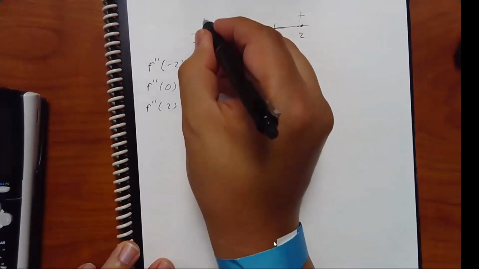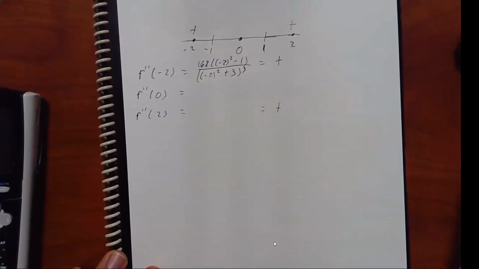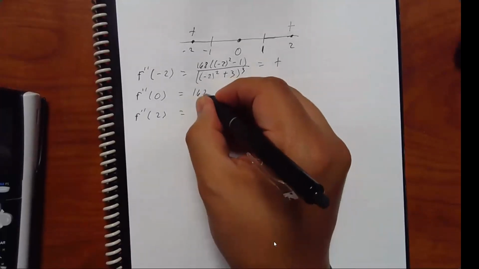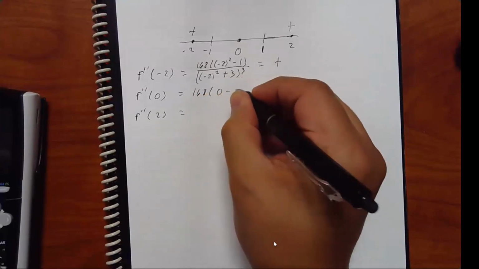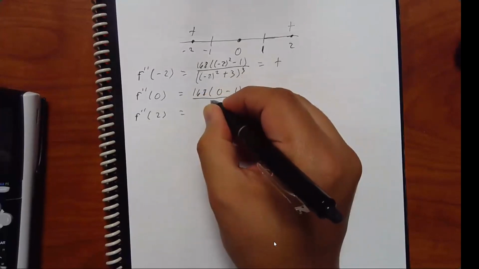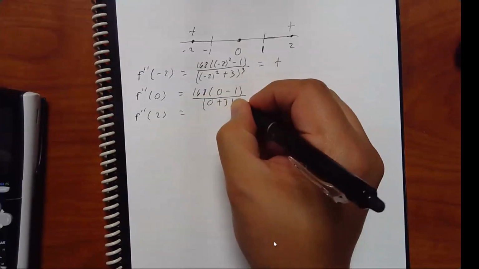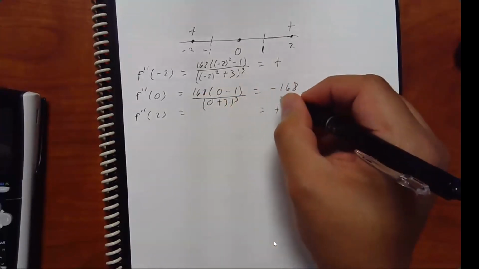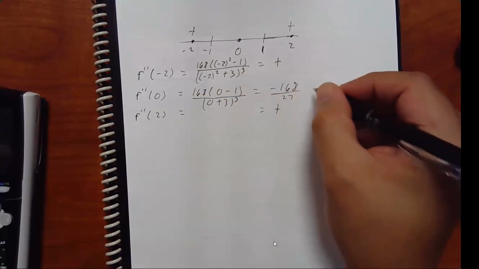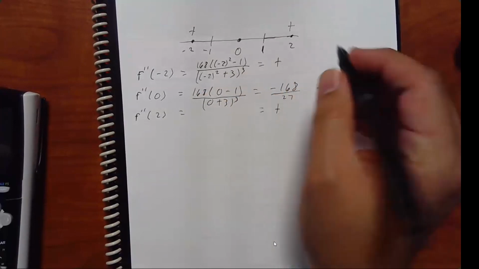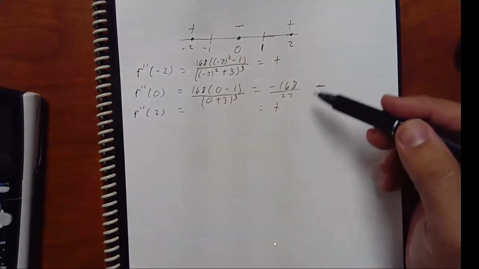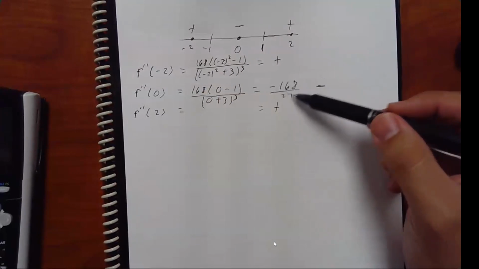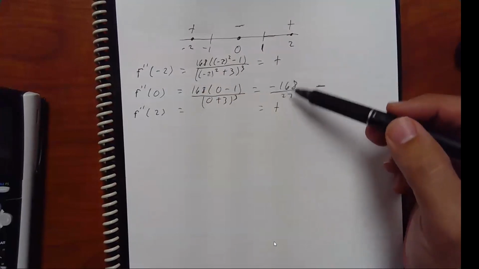If you plug the numbers into your calculator, you'll get a positive number. But if you plug in a 0, you're going to get 168 times 0 minus 1 over 0 plus 3 cubed, which will be -168 over 27. So negative. I didn't do these two just because it was going to be annoying, but I did the 0. Is that okay? You see what I'm doing? That makes sense?